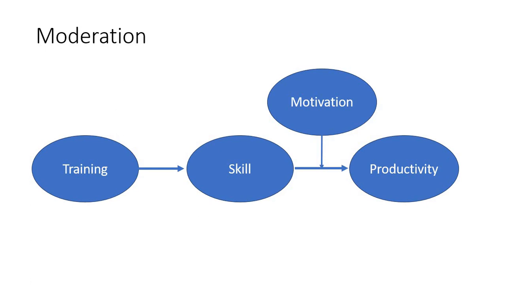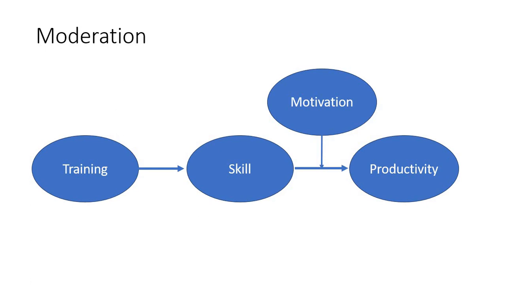So what motivation does in this case is that it moderates the influence of skill on productivity, which means that how much improvement in skill will lead to productivity gain depends on the motivation of the workers. If motivation is high, improved skill level will lead to greater productivity.